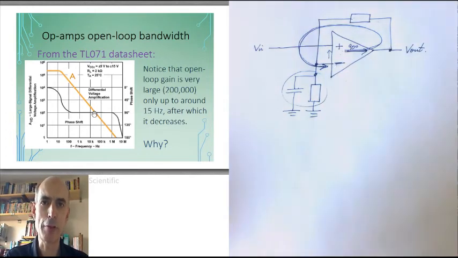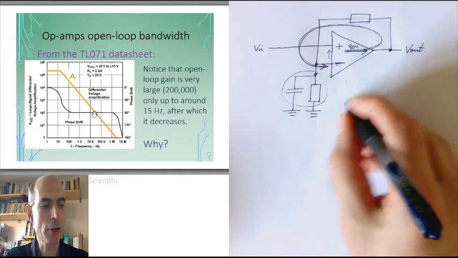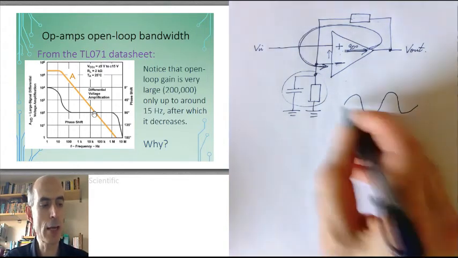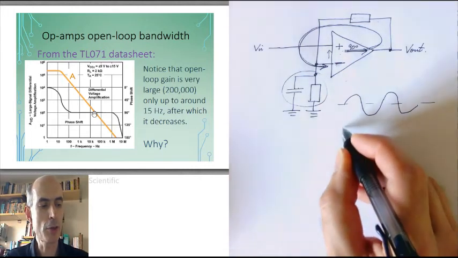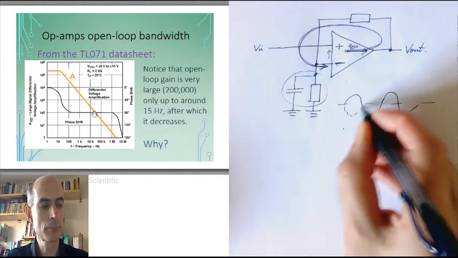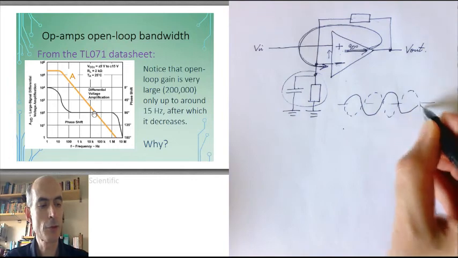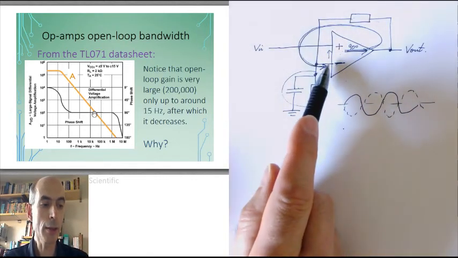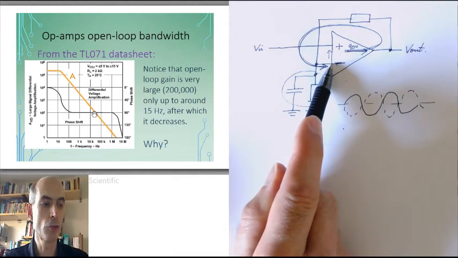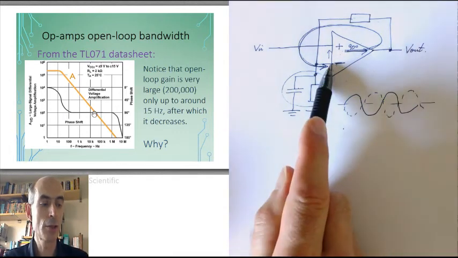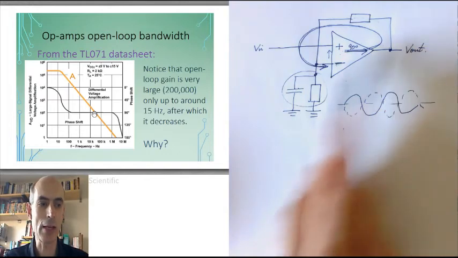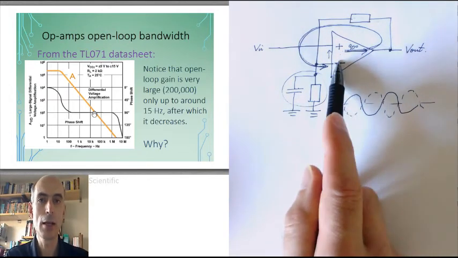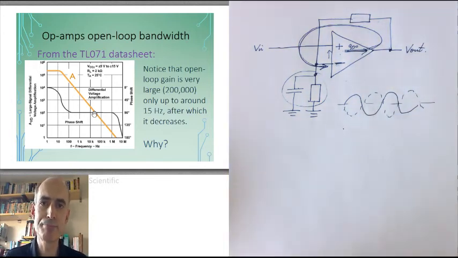We have positive feedback. Because if you take a sine wave and you move it in phase through 180 degrees, you end up with this. The sine wave upside down. So the signal that we would like to have here in order to reduce Vout is actually acting to increase Vout. Our negative feedback, which we need for stability, has become positive feedback.